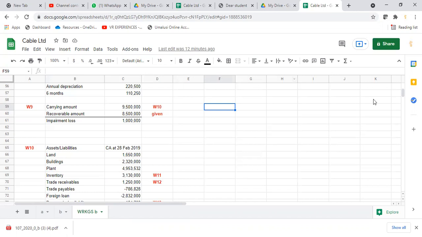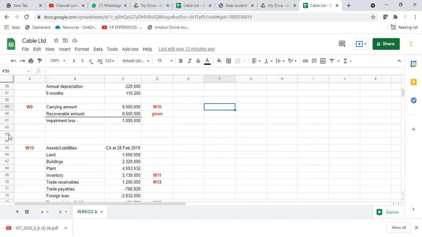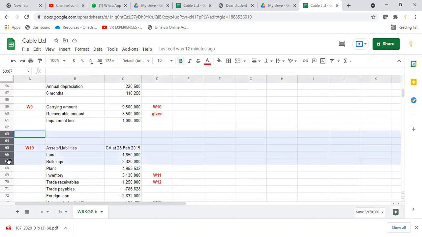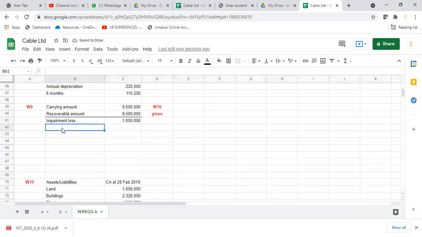So just to give you the full picture, this is how you would do it. Allocated against goodwill.